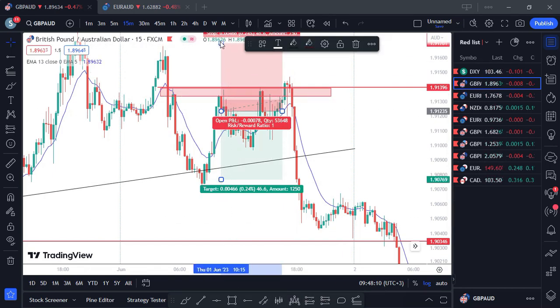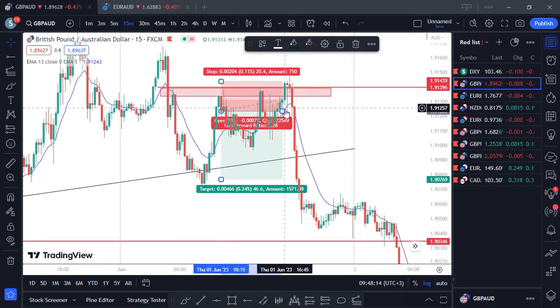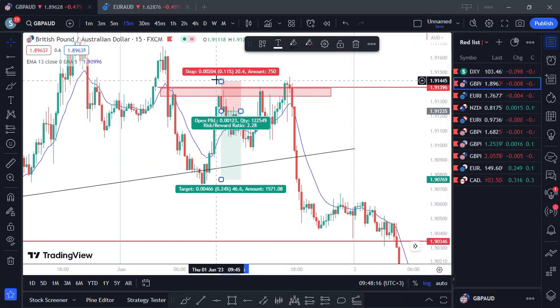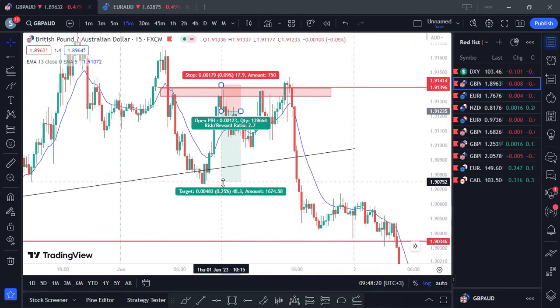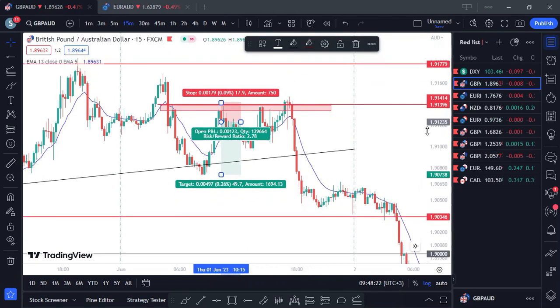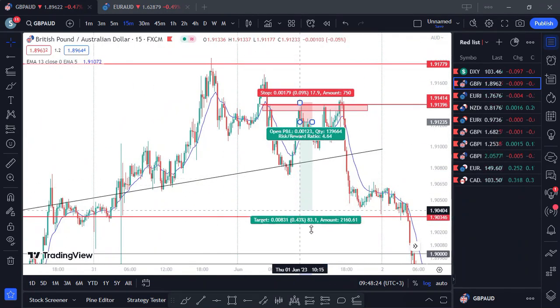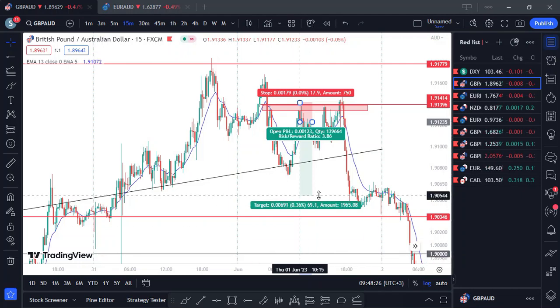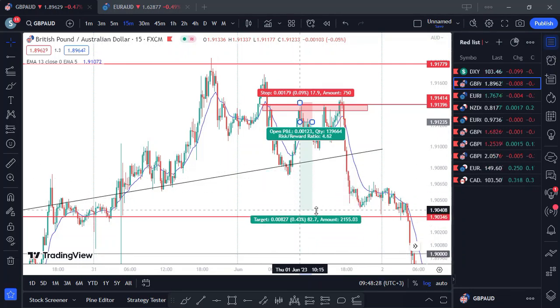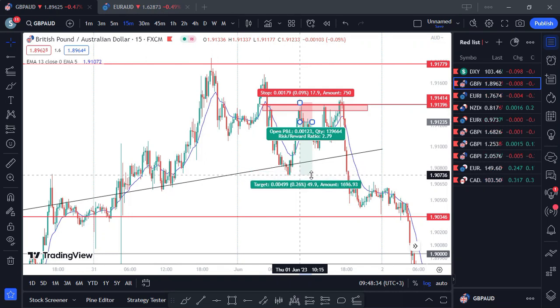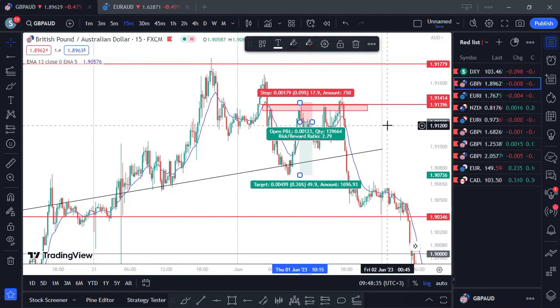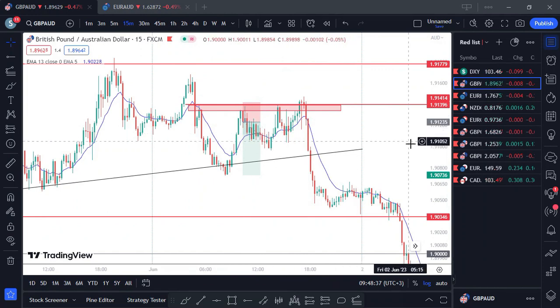I would have put my entry like this, just above the range there, targeting down here, or even further actually, because of the setup. You have to target further than that, but yeah, maybe because there is already a risk reward of 2.79, so you target that.